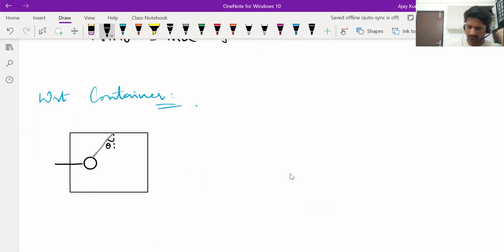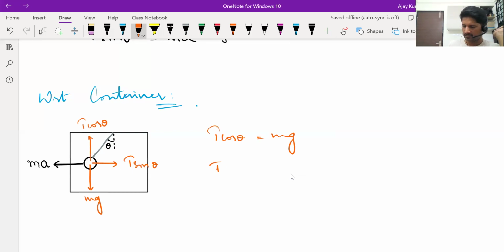Container will be stationary, bob will also be stationary, but you will have to consider a pseudo force, mass of the bob multiplied with acceleration of the container, and along with that its weight and tension will be acting, mg, T. I will take components T cos theta and T sin theta. That's all. The equations will again be the same. T cos theta balances mg and T sin theta balances ma, pseudo force. Same equation, same answer. Tan theta is equal to a by g.